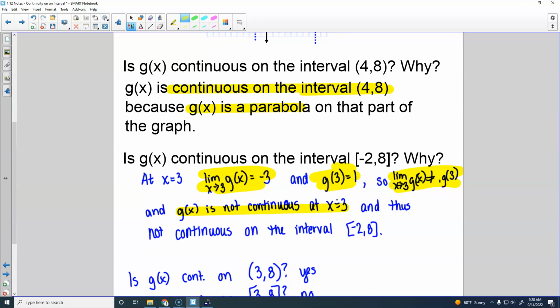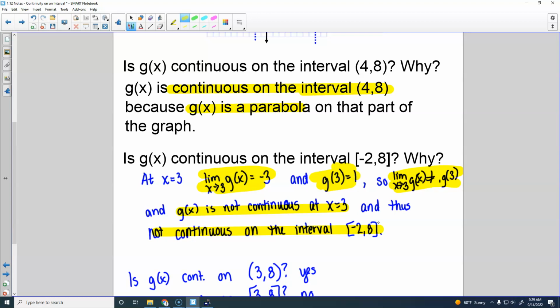If you do that a little bit out of order, or say it's not continuous at X equals 3 because of these things, that's fine. Because the question asked about that whole interval and 3 is in that interval, you then have to answer their question: so it's not continuous on that interval. Those pieces all have to be there.